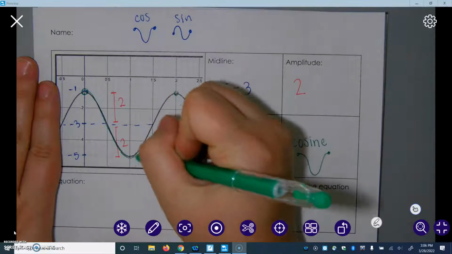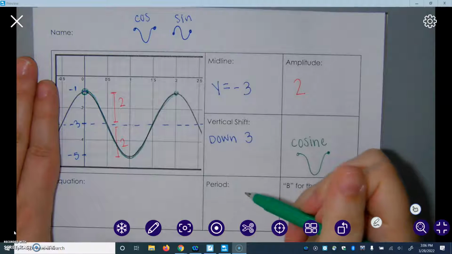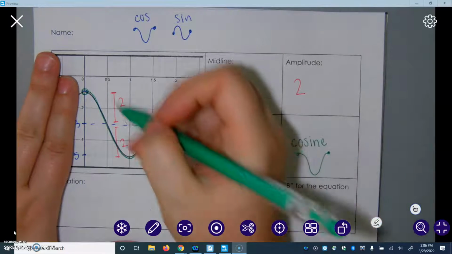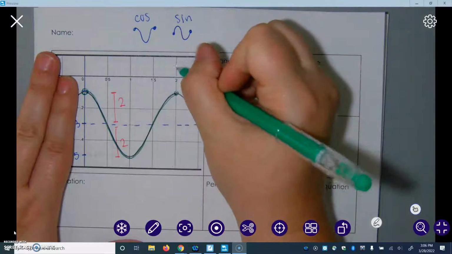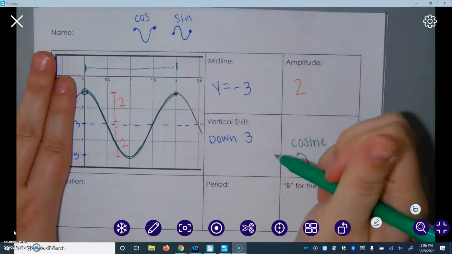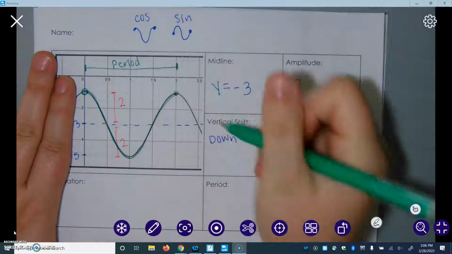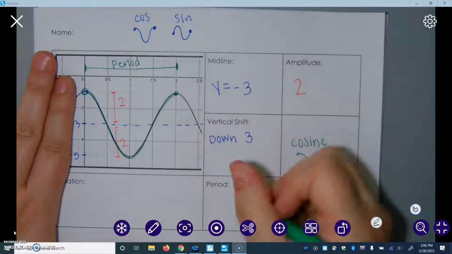This is one wave. That's one full cycle. So from 0 to 2, that's one full wavelength. That is the period. So the period of this graph is 2.